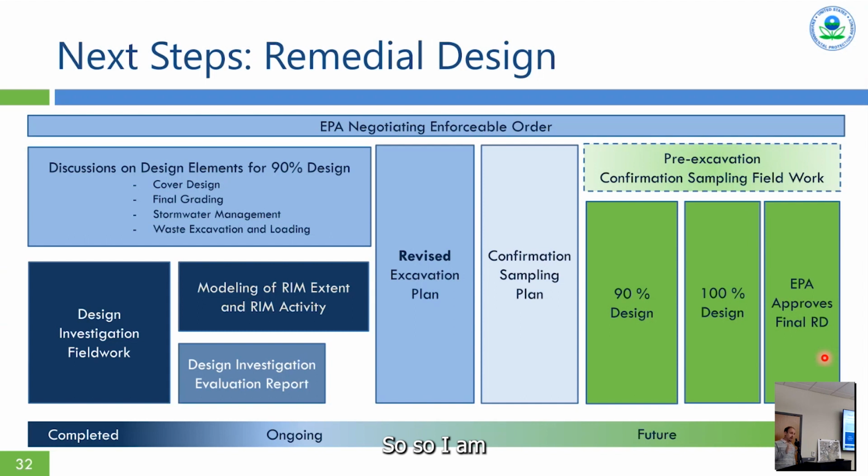So I want to send a positive message that we are getting to the end of this design, but I want to be very clear about how much work there is left and how important these deliverables are to making sure this remedy meets the requirements in the ROD and is effective. I'm trying to send a balance here. I'm excited. We're getting closer to the end, but we have quite a bit still of work to do.